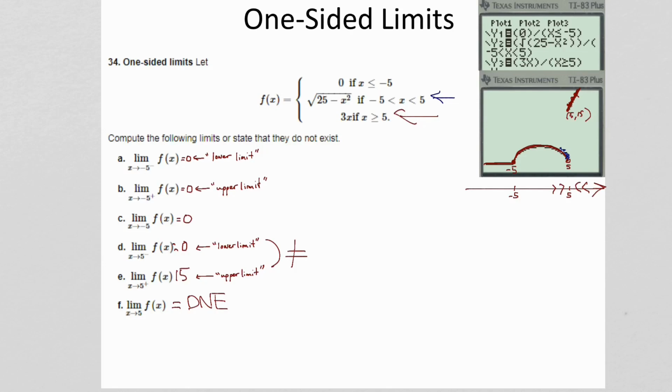In other words, if we get within a very close neighborhood of x equal to 5, there's not a single value of y that we would get mapped into, because on the lower end we're near 0, and on the upper side we're near 15. So the limit as x approaches 5 fails to exist.